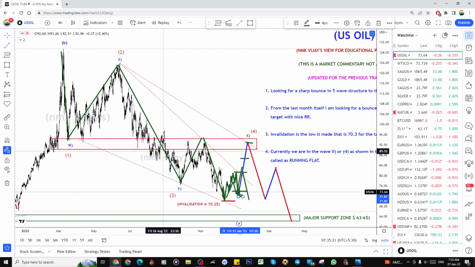So this is the 38.2. Why I targeted 38.2 is, if this is the downtrend, a five-wave structure, and if it is a zigzag, only a 38.2 retracement is allowed. Sometimes it may be 50, or sometimes 61.8, apart from that, but the target should be at the 38.2 retracement.